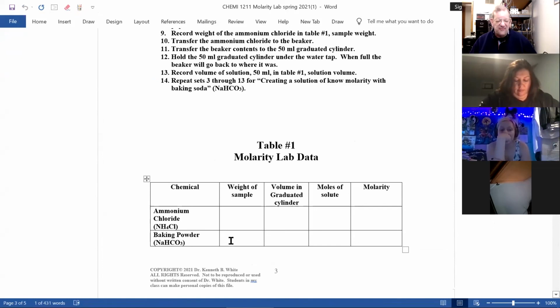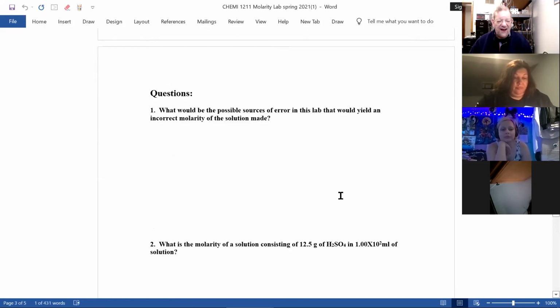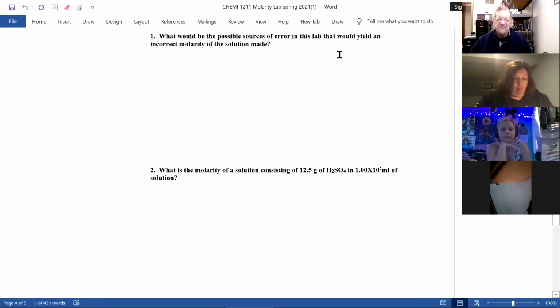And you do the same thing where you click on for the baking powder, you put the filter paper on the screen, you put the balance, you weigh out some stuff, hopefully without the difficulty Dr. White had. You put it in the volume, do it in the 50 mil, and you calculate the moles and the molarity. And do the questions. And that's the lab. Any questions about the lab?